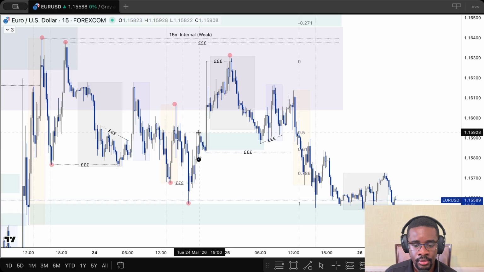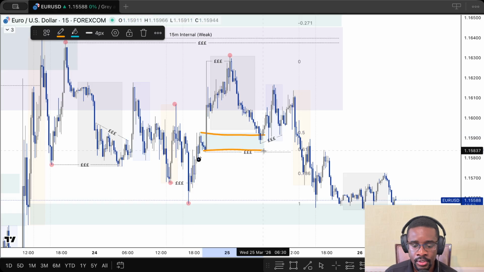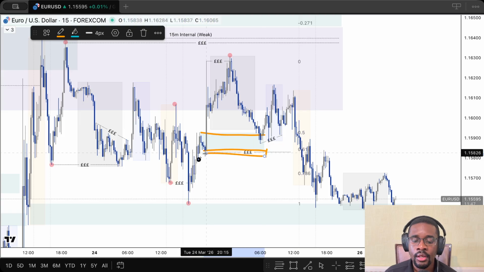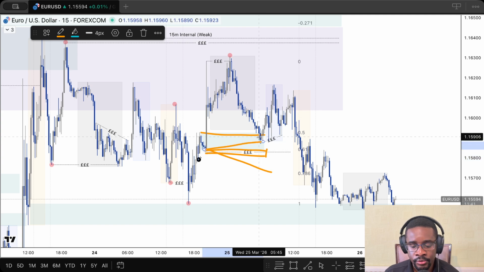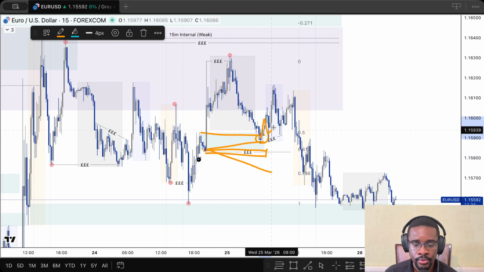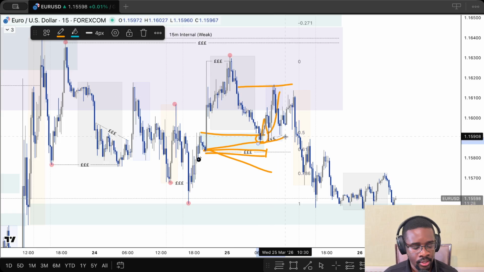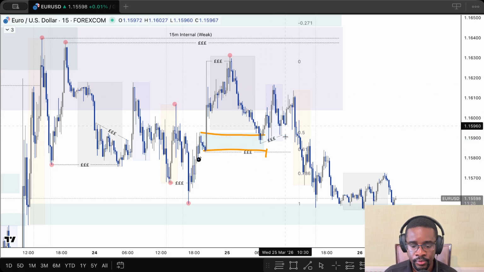After mitigating this area, on the pound we had a sweep of this low, so there was a divergence. On the Euro USD we respected that low, and then just reacted from the top, and then went on to Asia mid-range, and from there created this trend line of liquidity.